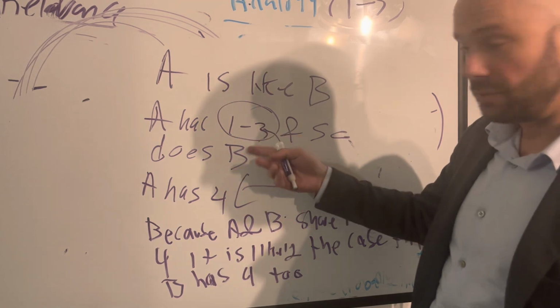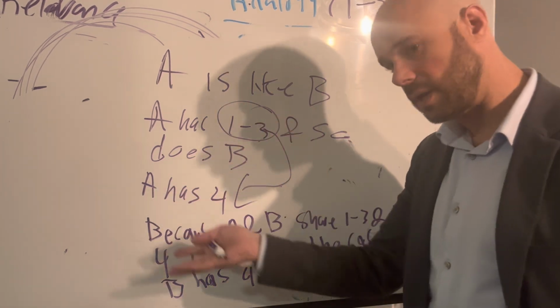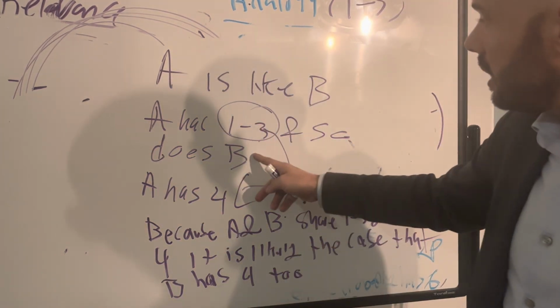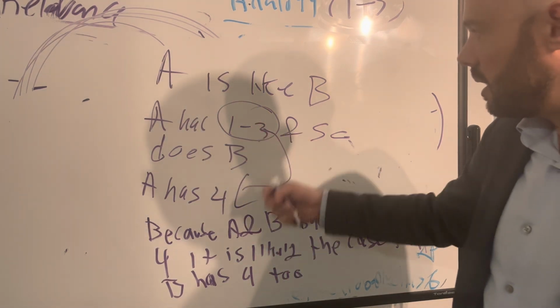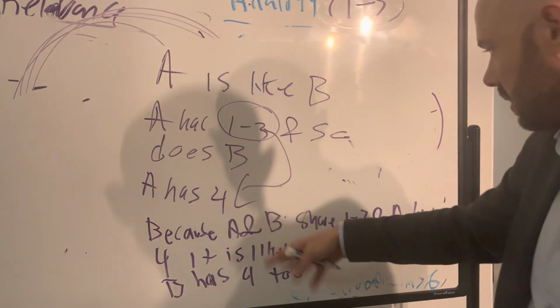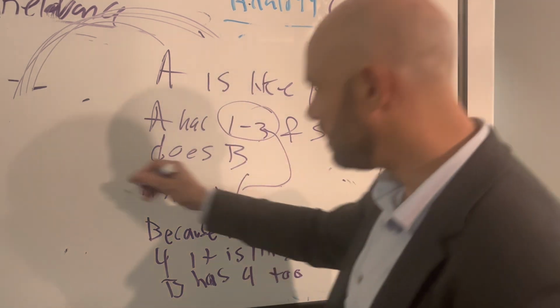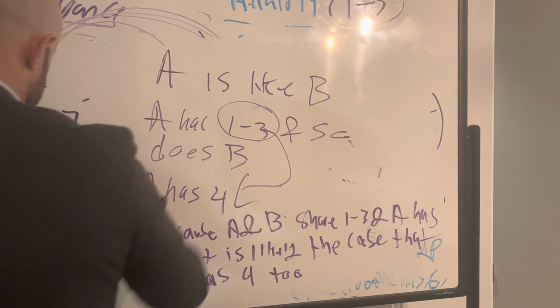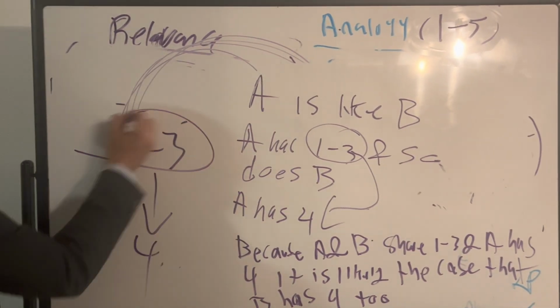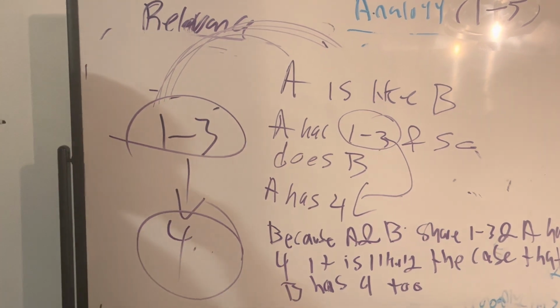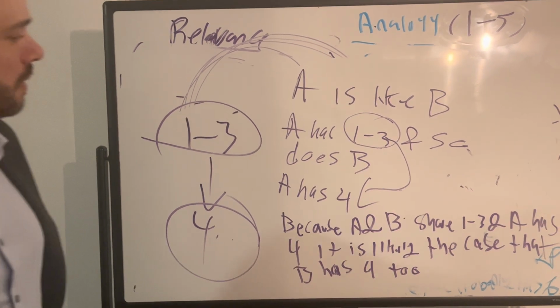Seems like having 1 through 3 is relevant to being safe. For what reasons? You tell us. And then you'd say, since A and B both have these attributes, and A also is safe, it's likely that B is safe, because having 1 through 3 is relevant to having 4. And that's the main point. What's the connection between having these attributes?